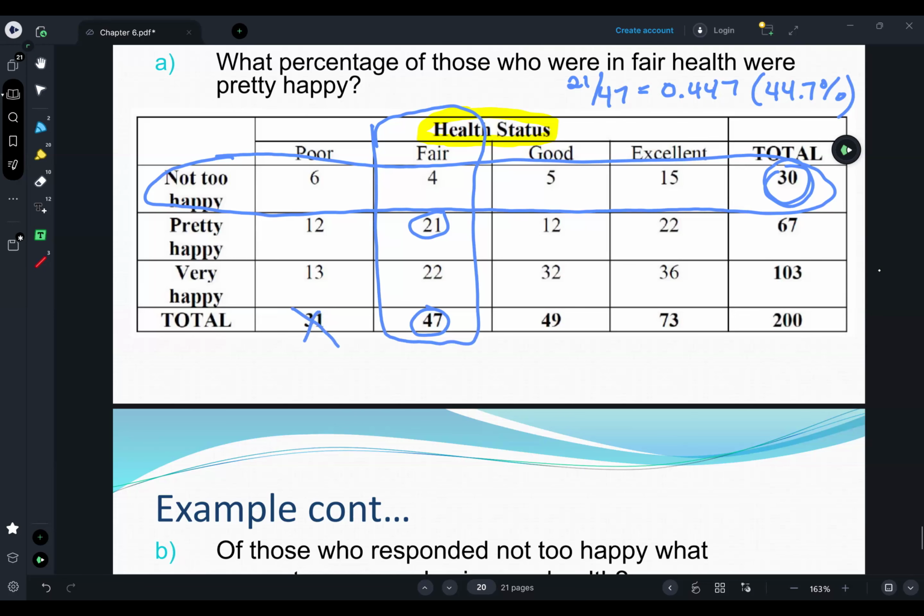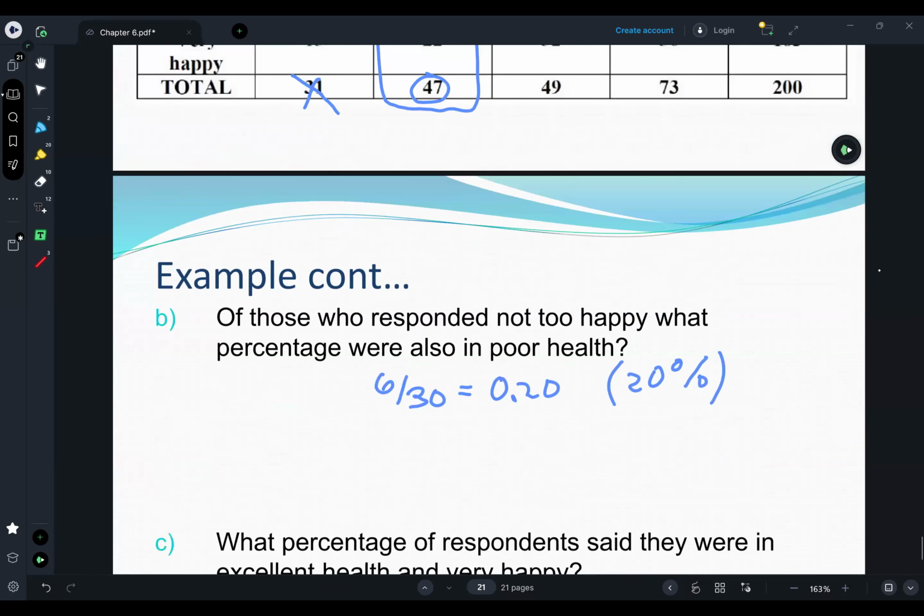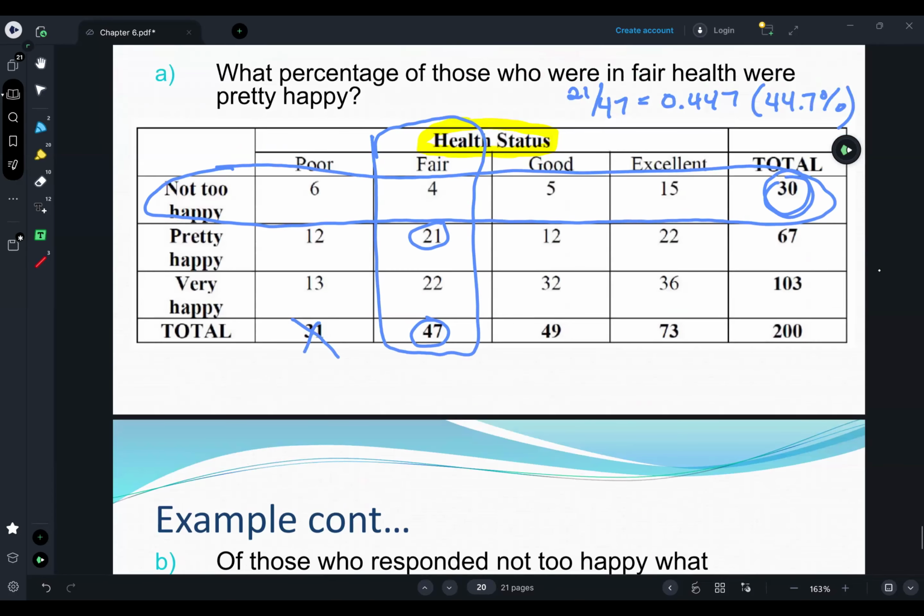Because of the wording, it's of those who responded not too happy, so you look at that row. That's what you want to look at, and then you go to poor health status. So 6 divided by 30. Had it said of those who had poor health, what percentage were not too happy, then it would be 6 divided by 31. So it's the wording.